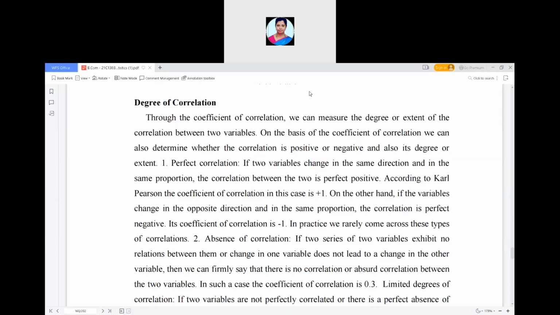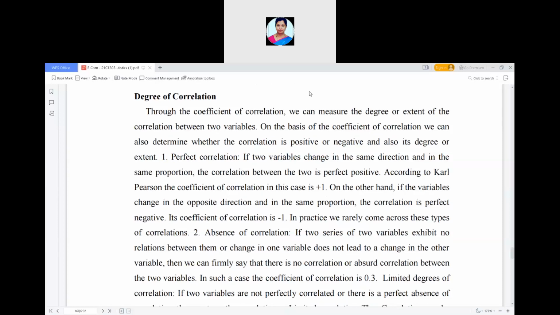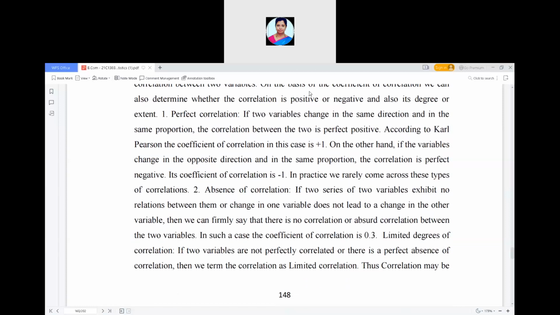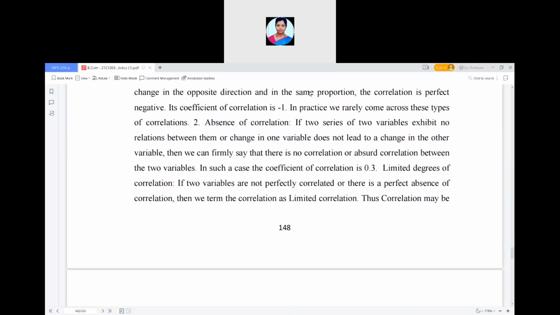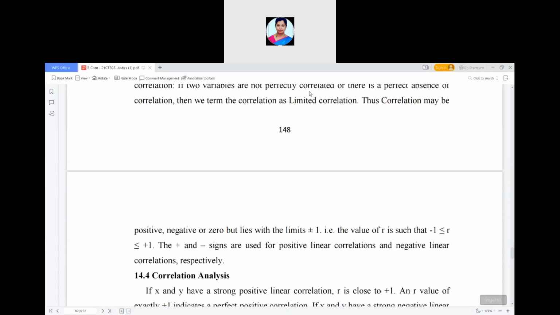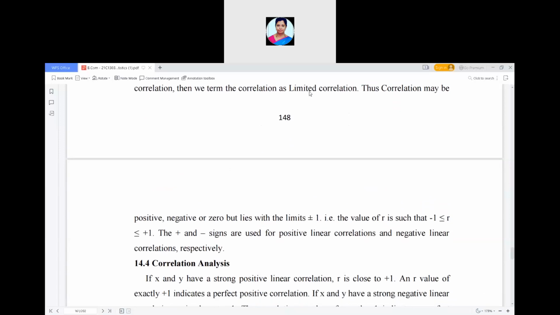It is independent of the choice of both origin and scale of observation, and also independent of the unit of measurement, and it lies between -1 and +1. So these are the degrees of correlation, as well as the properties we have.